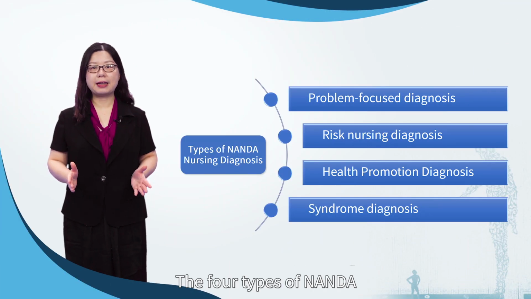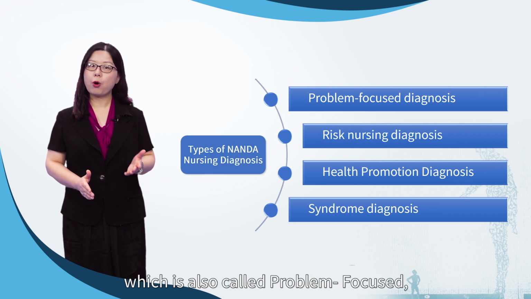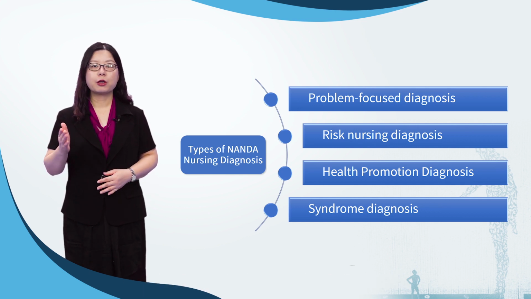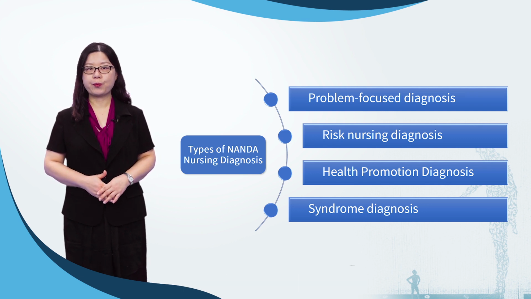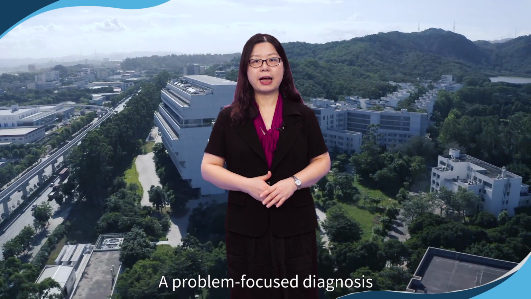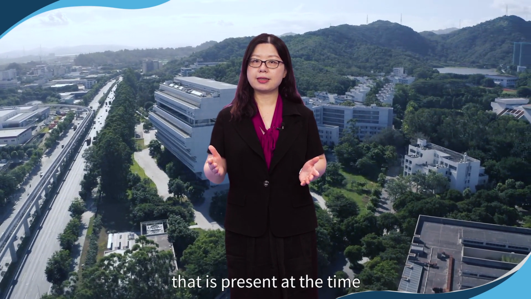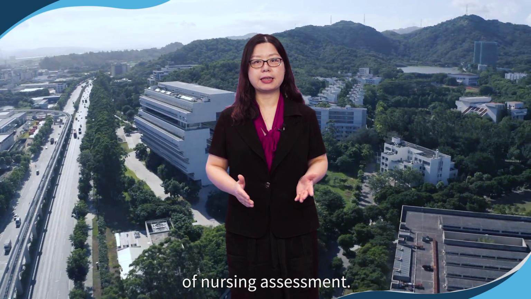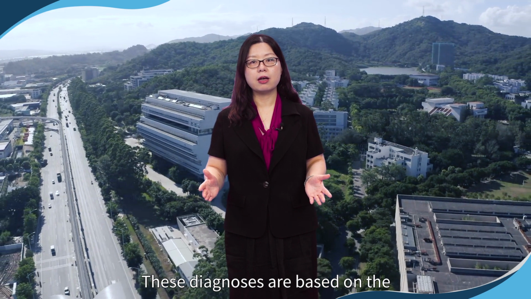The four types of NANDA nursing diagnosis are actual, which is problem-focused, risk, health promotion, and syndrome. A problem-focused diagnosis is a patient problem that is present at the time of nursing assessment. These diagnoses are based on the presence of associated signs and symptoms.